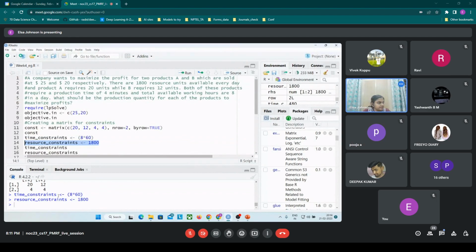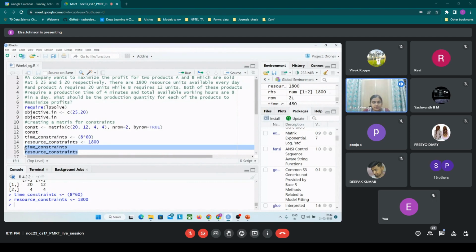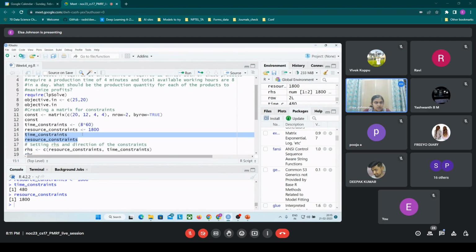If I print these both now, the time constraint came as 480 and the resource constraint 1800. Now you have to tell that these two are the RHS of the function.